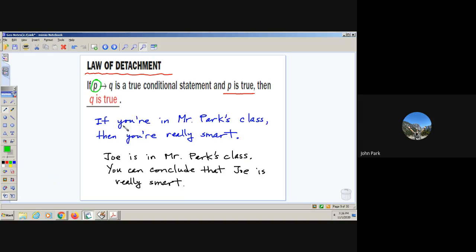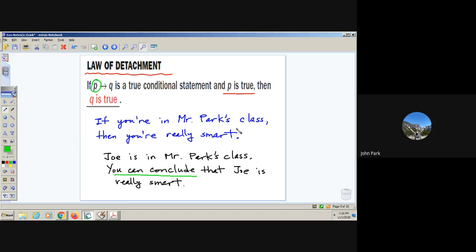Well, since Joe is in Mr. Park's class, and that's something about the hypothesis, the P, then I can conclude something about Q. And in this case, Joe is really smart, right? So that is using the law of detachment in proper order.